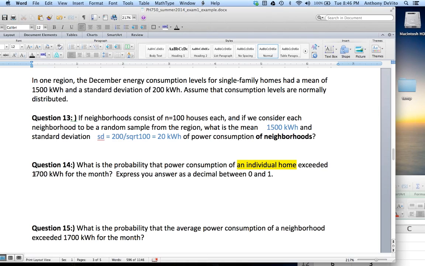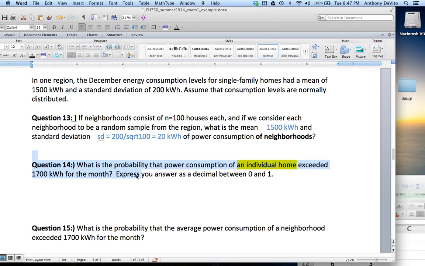Excuse me, let me start again. I got that wrong. 1,700 kilowatt hours is 200 above the average for the entire region, so it's one standard deviation above.